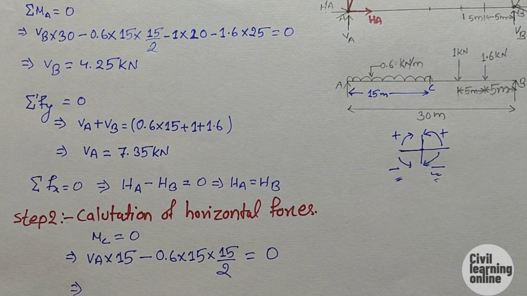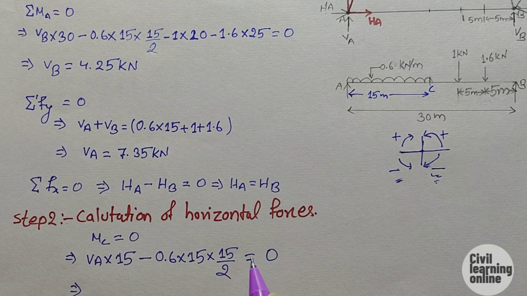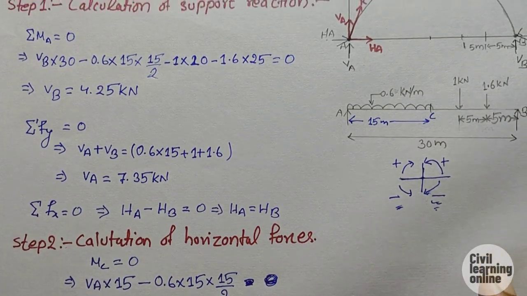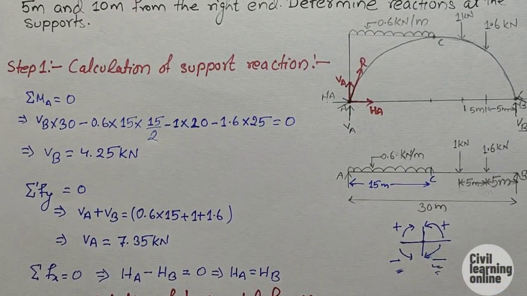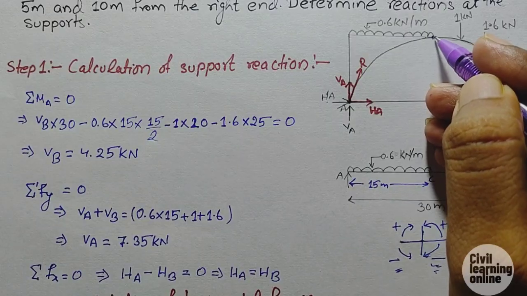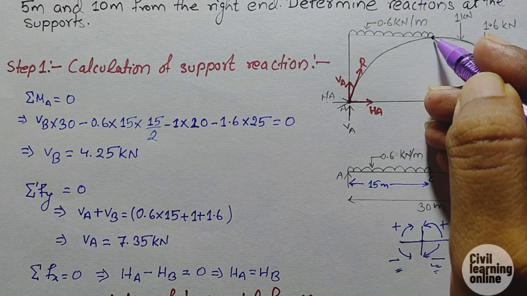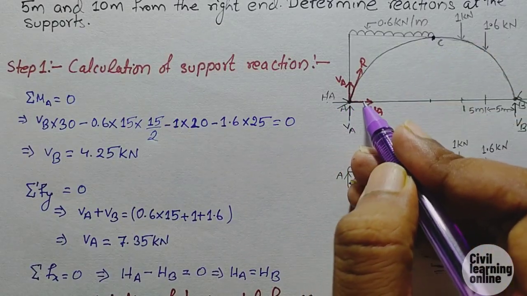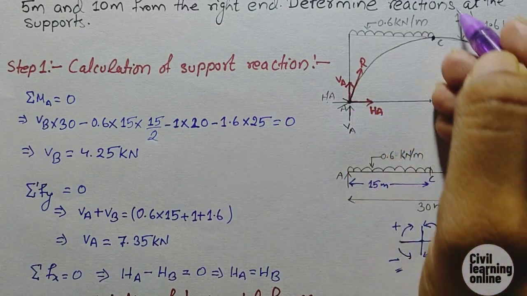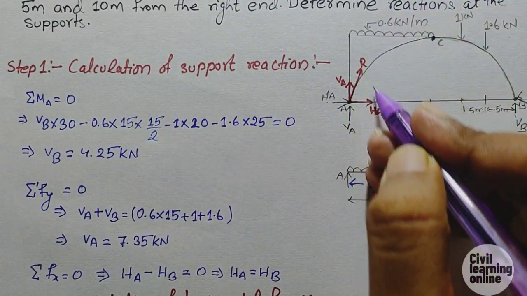Now from here, this was for the loading. Now we need to bring the horizontal forces also here, and for that we need to move in the arch. Now see here guys, we are taking moment about C, and the horizontal forces will take our anti-clockwise direction.